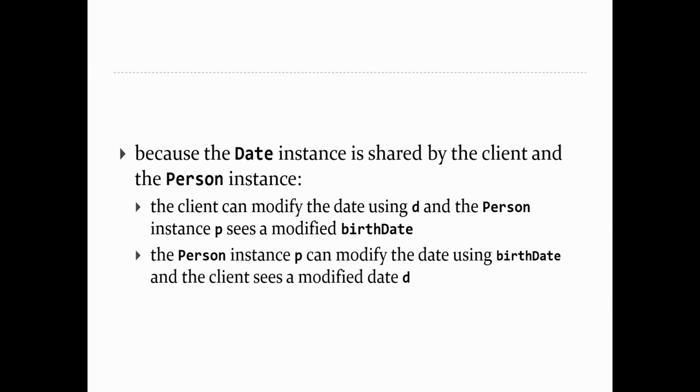Similarly, if there's some method inside the person class that changes the birth date, then the client's object d also changes. So the opposite can also happen. If the person modifies this.birthDate, then whoever created the person object, their object d now also changes.